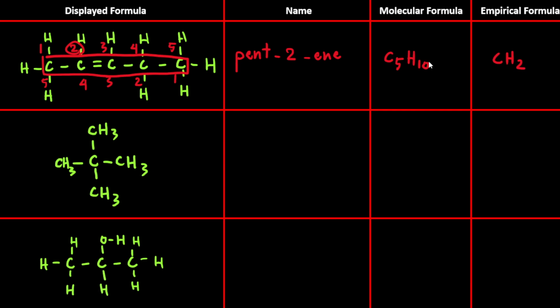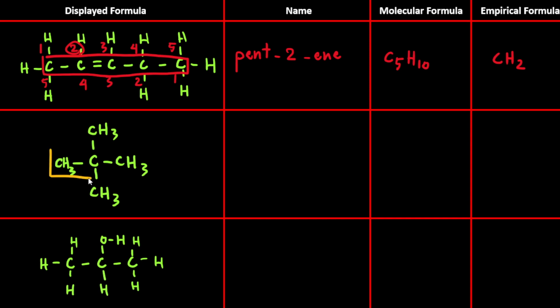Now, for this one, it's quite tricky, so let's take a look at this. Your longest chain could either be this one, 1, 2, 3, okay, or it could be this one, 1, 2, 3, or it can be this one, 1, 2, 3. But no matter which one you use, your longest chain is still going to be only 3.